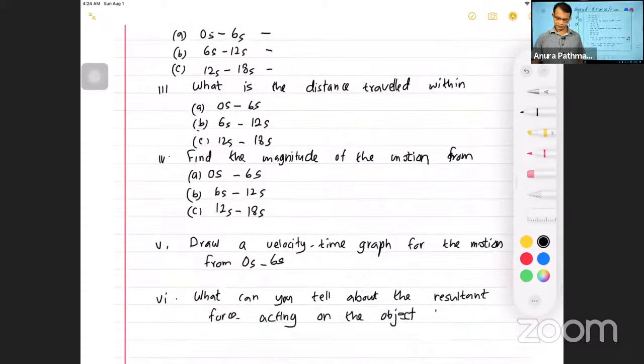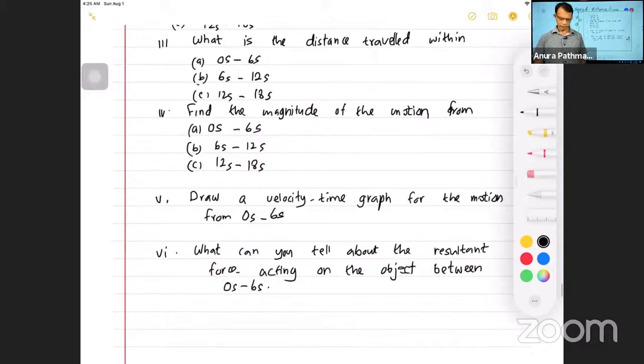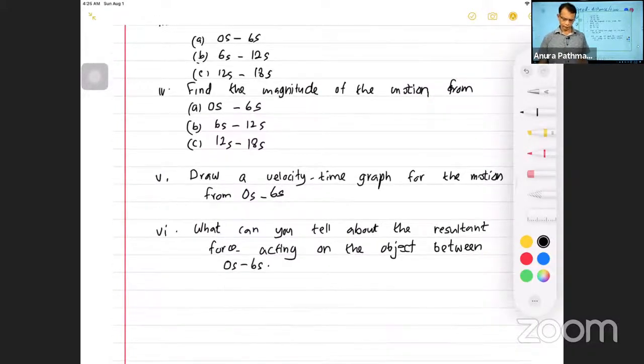between 0 second to 6 second, 6 second, 7.